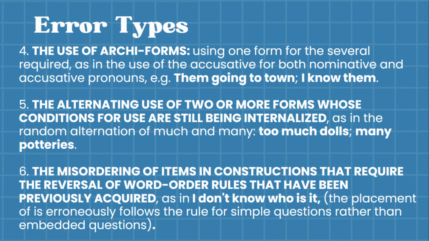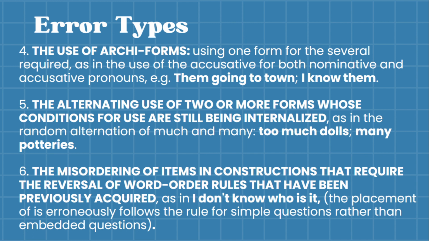And next, it is the fifth type of error, which is the alternating use of two or more forms whose conditions for use are still being internalized. As in the phrase, "too much dolls and many potteries." And as you know that doll is a countable noun, so it should be "too many dolls," not "too much." Much is used for uncountable nouns.